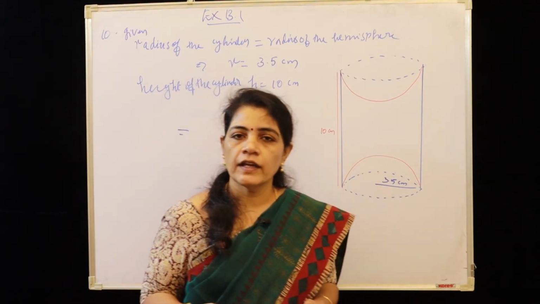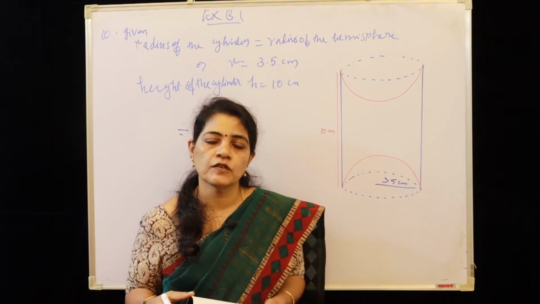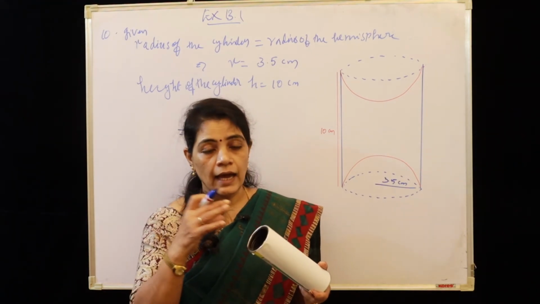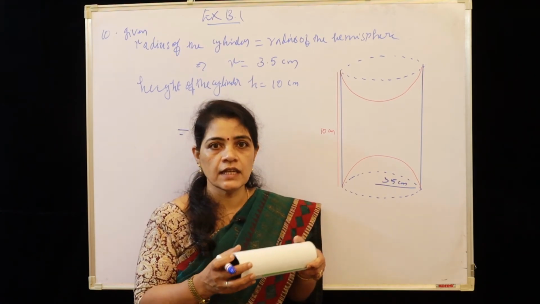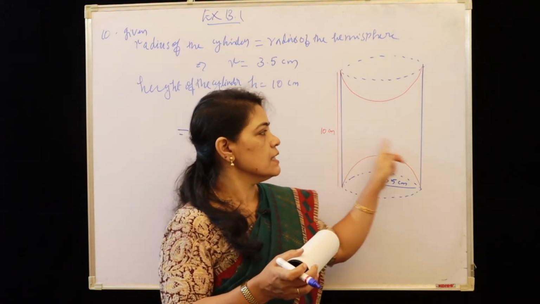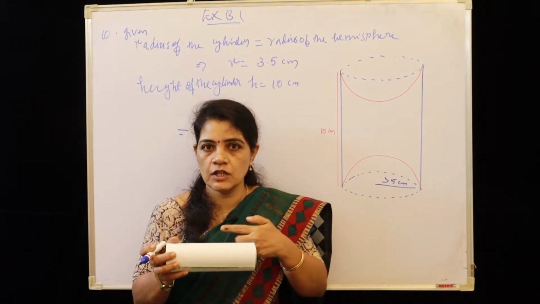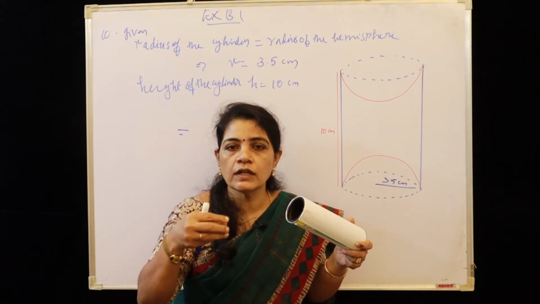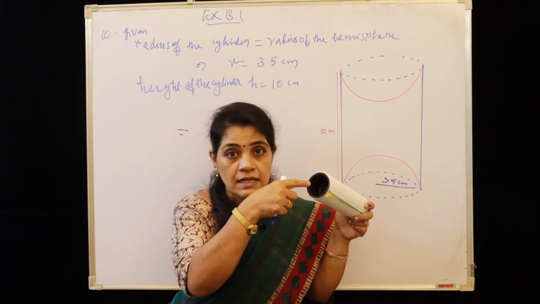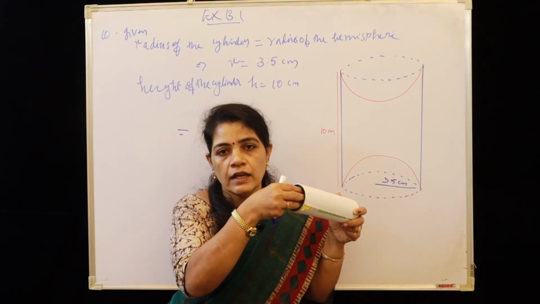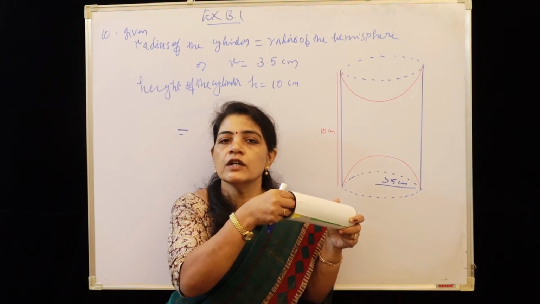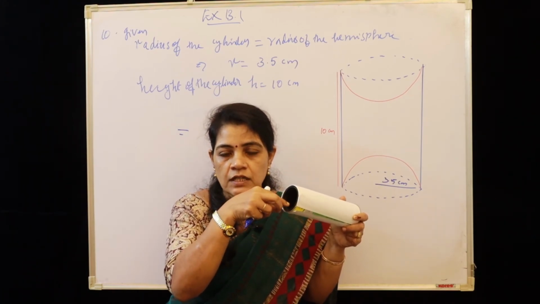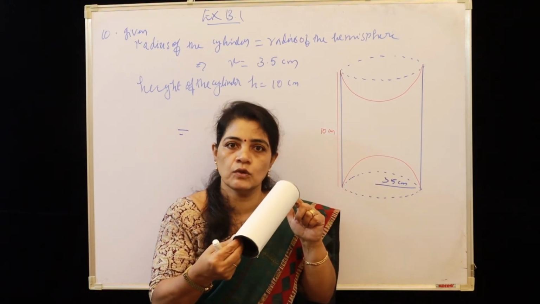In order to find out the total surface area of the remaining article, you have to add the CSA, curved surface area, of the cylinder, and after scooping out a hemisphere, the CSA of the hemisphere should be calculated. That means TSA, you have to wrap over here also, this curved surface area, this end and this end also.